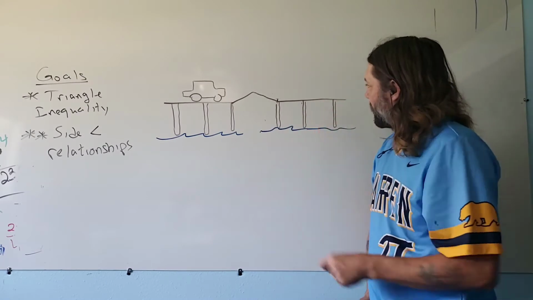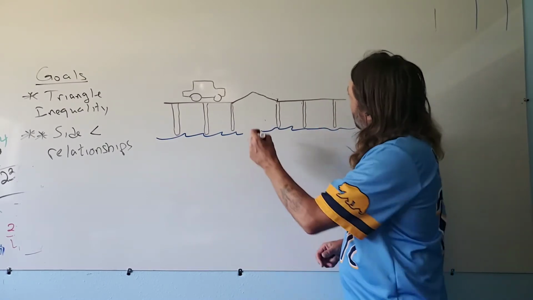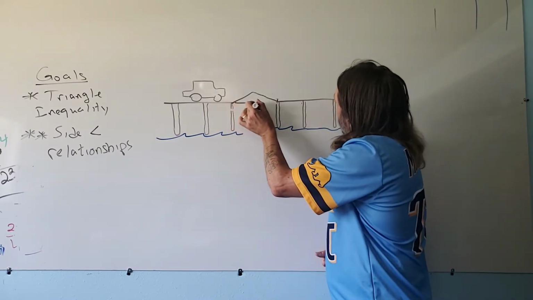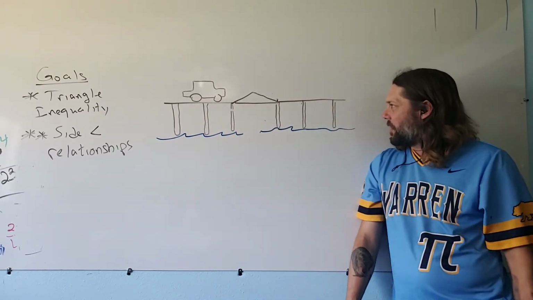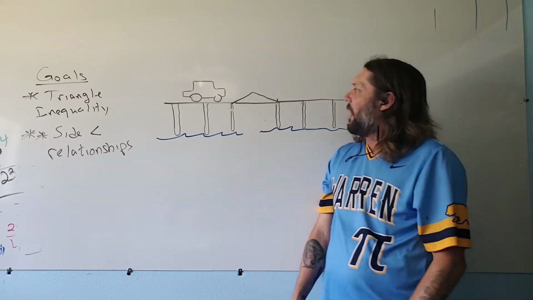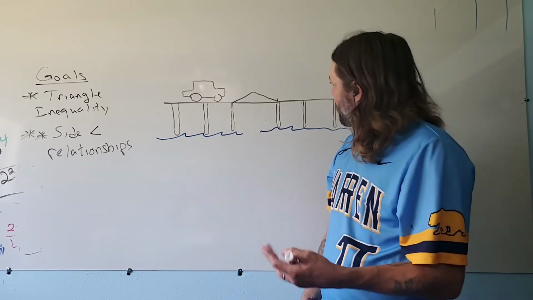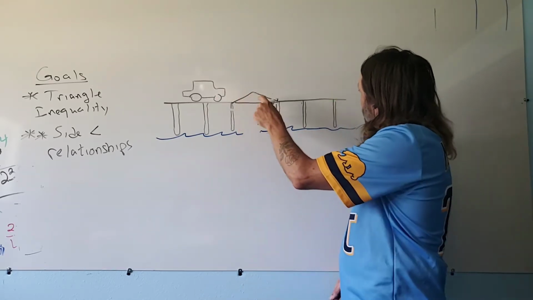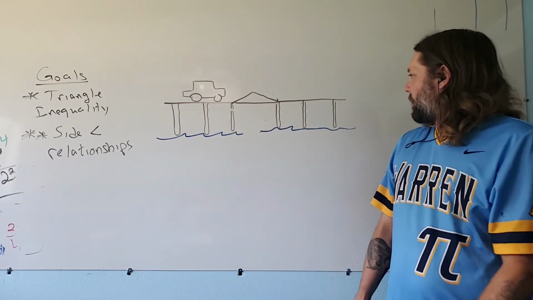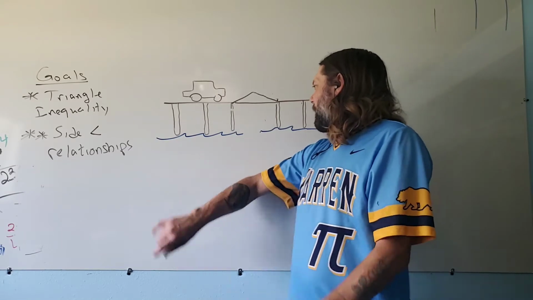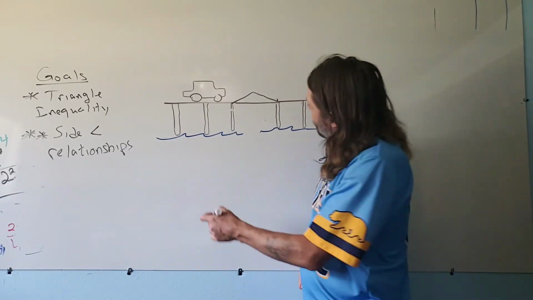And this is where we get the triangle inequality idea from, because this now becomes our triangle, right? And so this is a long, kind of abstract example, but what I was trying to show you here is that in order to make a triangle, two sides must be larger than the third side, or must be longer than the third side. So that's really what this idea was meant to show us.